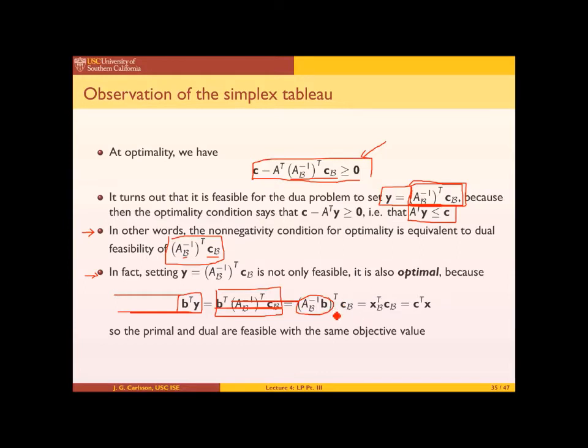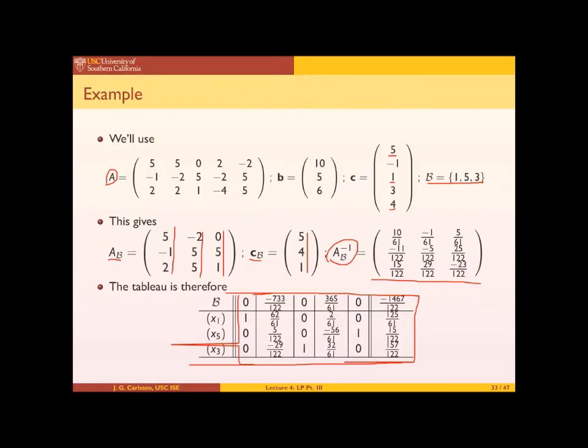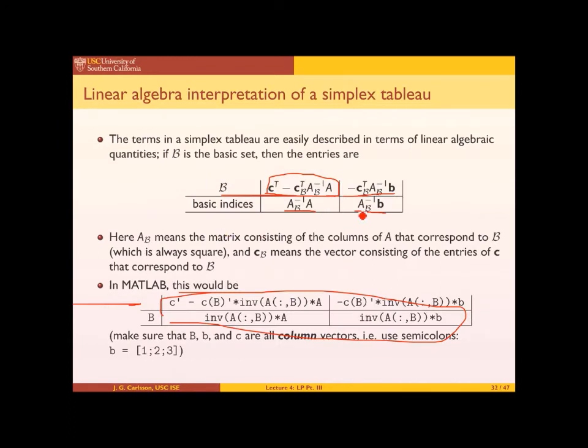AB inverse B actually turns out to be XB transpose. Okay, those are the values of the basic variables, which you can verify if you go back to my definition here of that simplex tableau, and you look at the far right side.